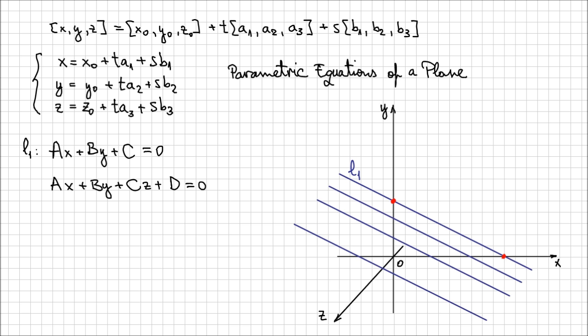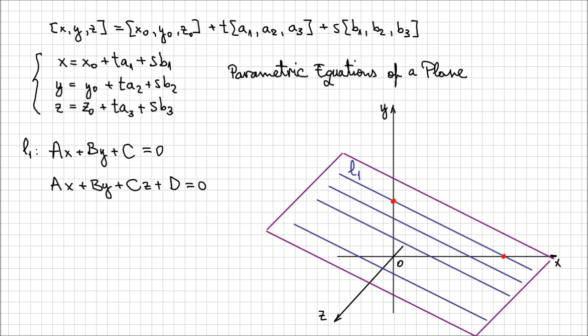This scalar equation that you see here with x, y, and z components is basically describing all these lines that are parallel to that L1 that we had initially. So the equation doesn't describe just a line, but a multitude of lines. As a matter of fact, an infinity of lines. And an infinity of parallel lines is nothing else than a plane. That's why this scalar equation in 3-space defines a plane, not just a line.